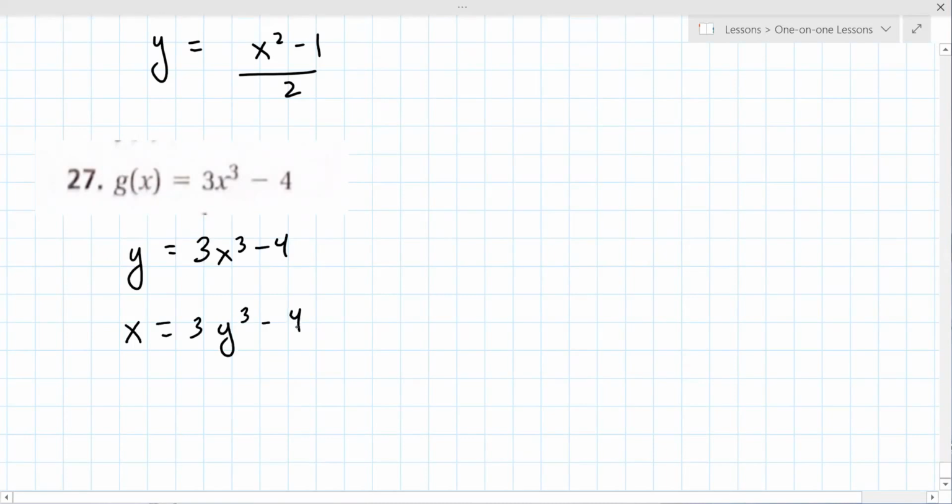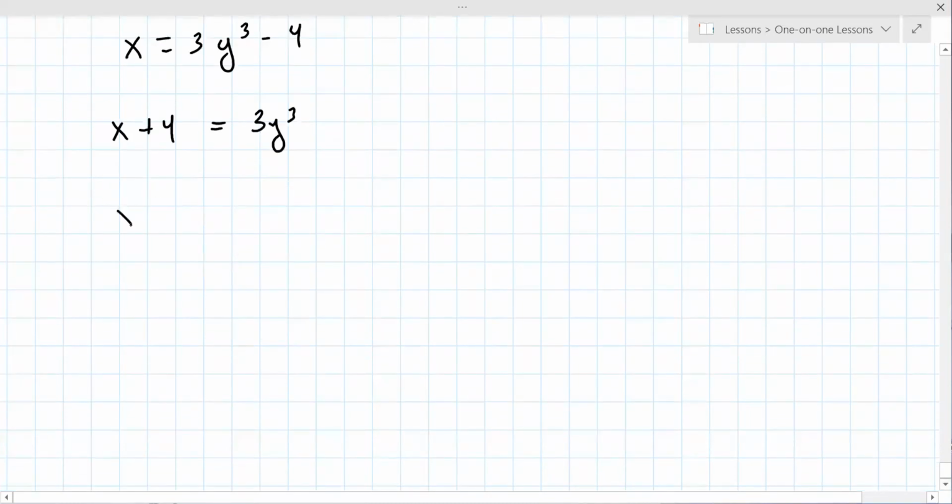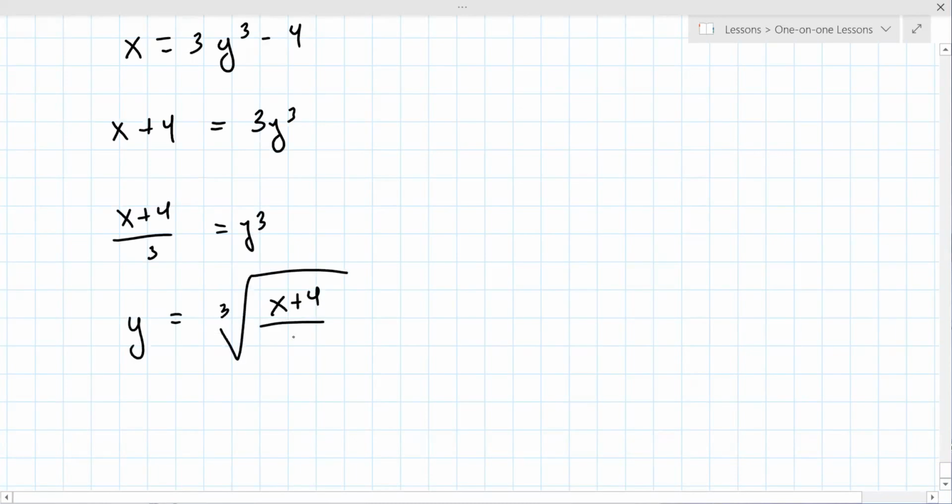In all of these examples, you only have to move one position, but if there was more than one x, you would make it into more than one y. So you're going to add 4 to both sides. You have x plus 4 equals 3y cubed. Divide by 3. X plus 4 divided by 3 equals y cubed. Y is equal to the cube root of x plus 4 over 3.